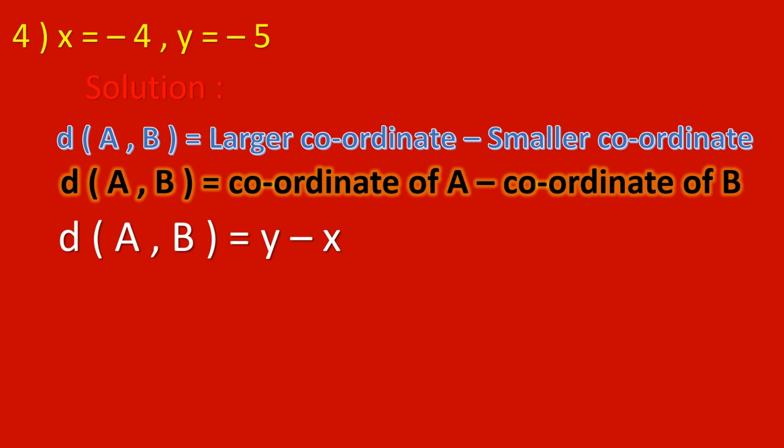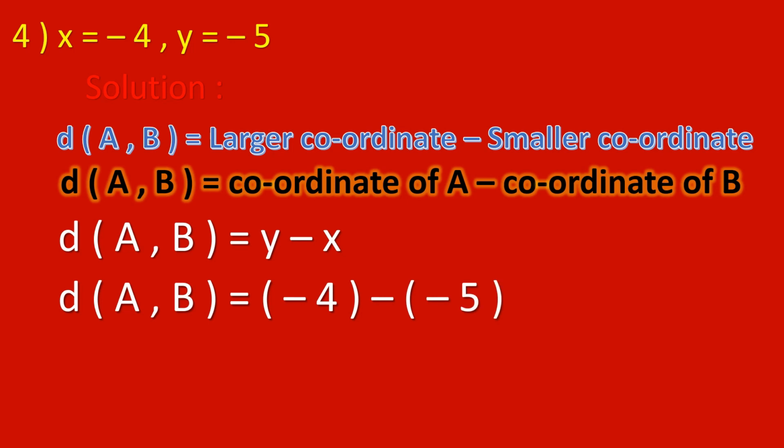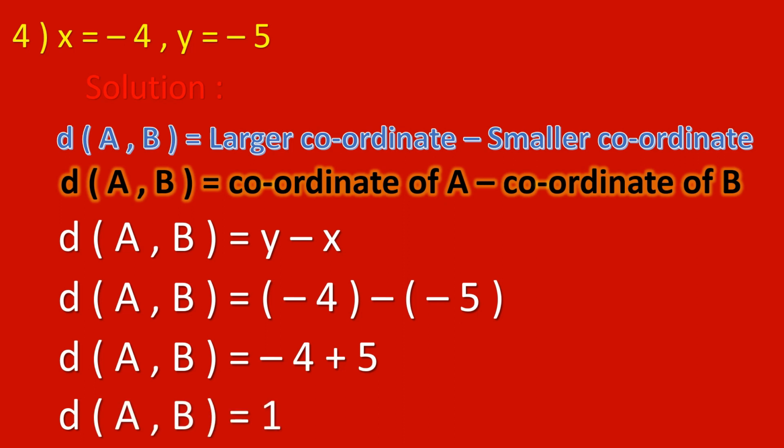Therefore, distance of AB is equal to x minus y. In place of x and y, their values are substituted. That means distance of AB is equal to minus 4 minus of minus 5. Minus minus will become plus. Therefore, minus 4 plus 5, that is 5 minus 4 is equal to 1.